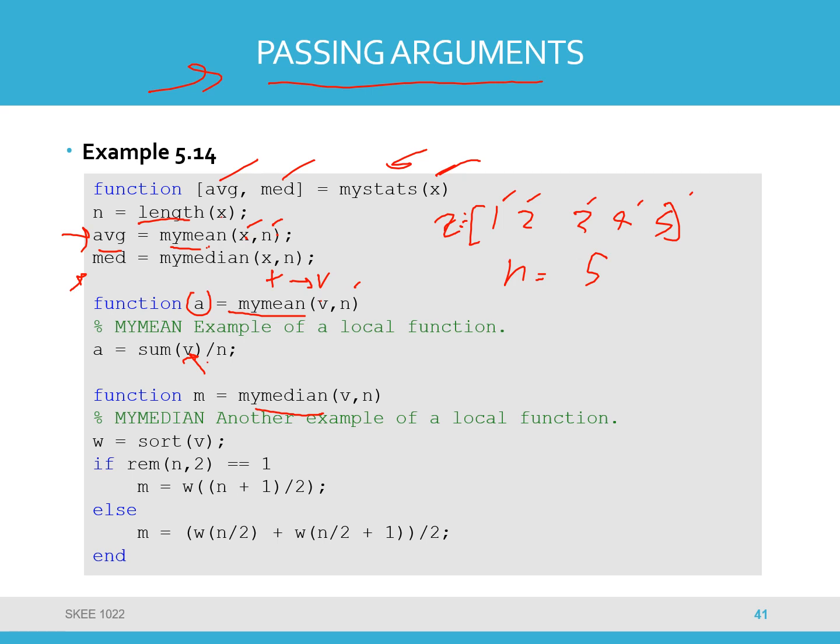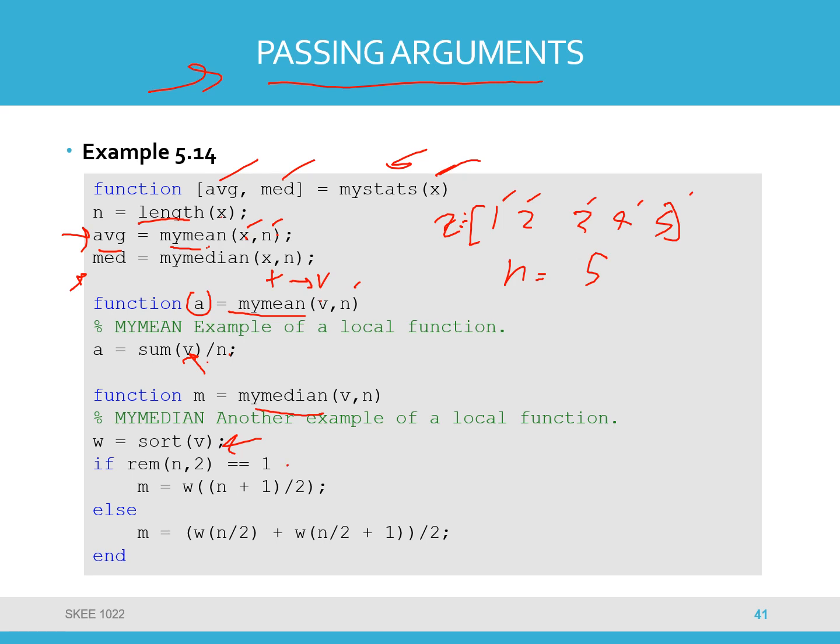Of course you know what is median. Mean is the sum of numbers divided by how many numbers there are. Median, of course, is the center of the numbers, so you have to sort first. The function to sort is sort, so it will sort the numbers. Here v means x, so sort the numbers x.